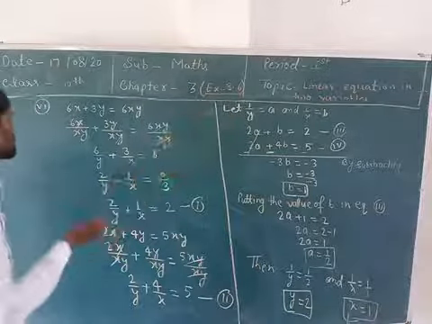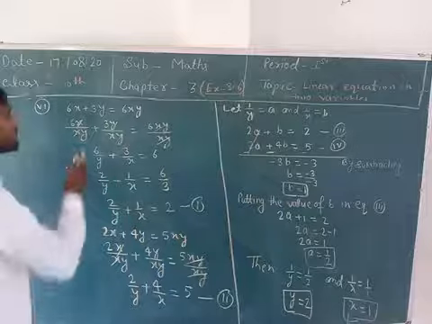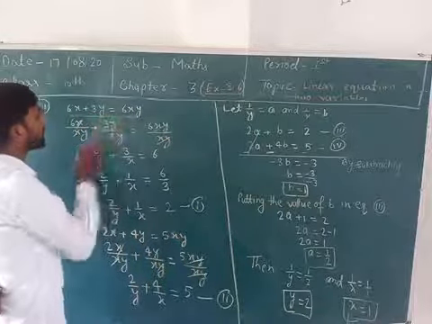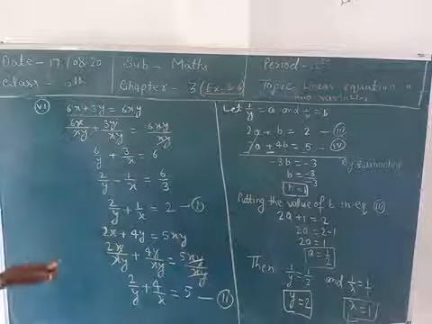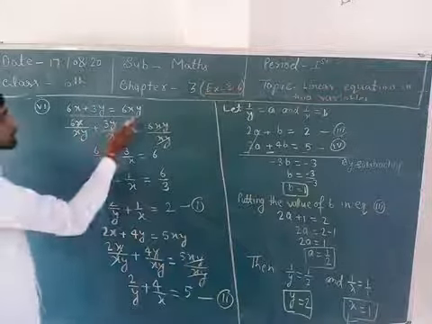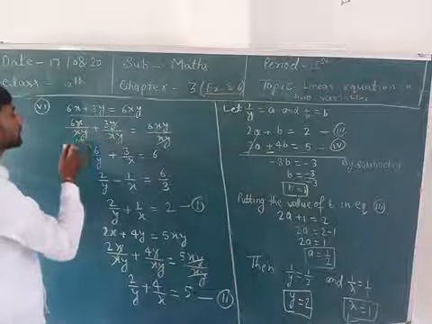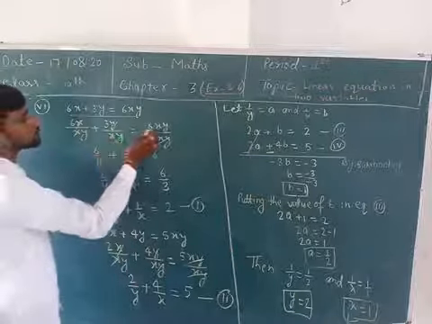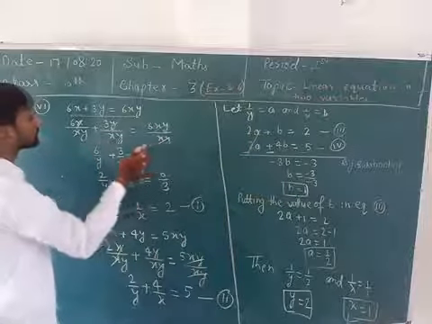Question number 6 is given as 6x plus 3y equal to 6xy, and then we divide both sides by xy. Then we get 6x upon xy plus 3y upon xy equal to 6xy upon xy.